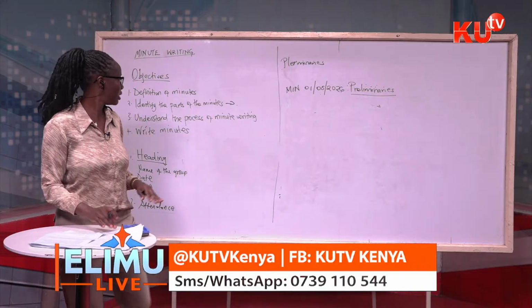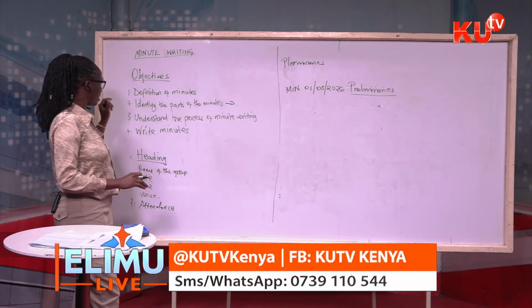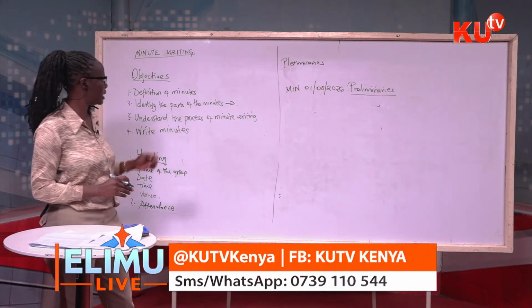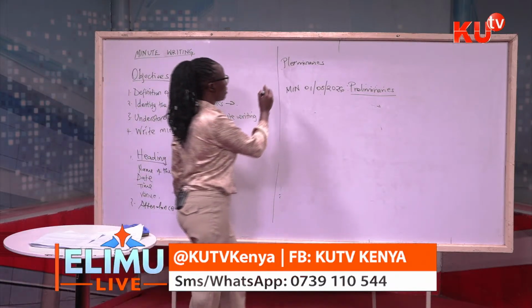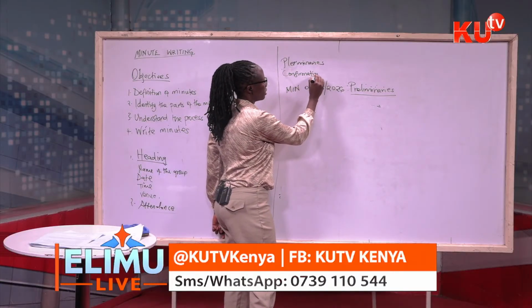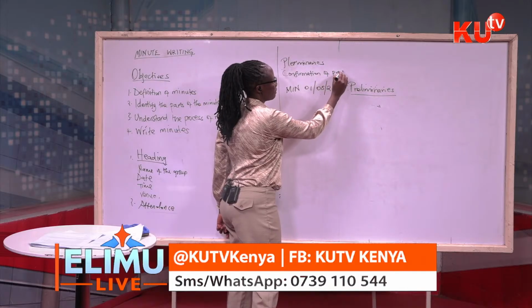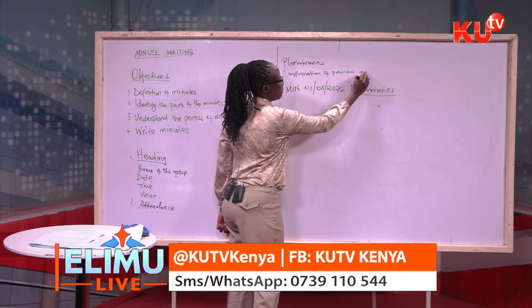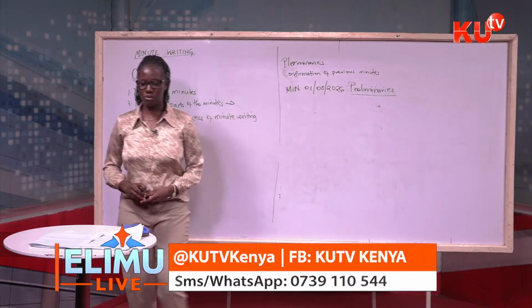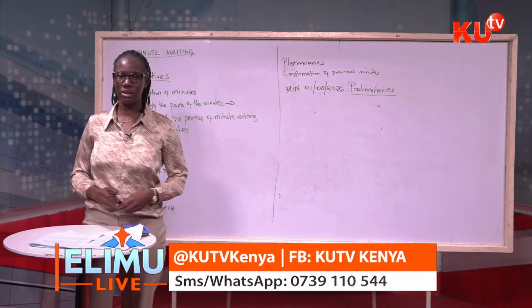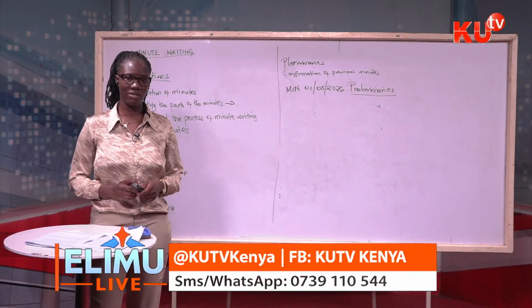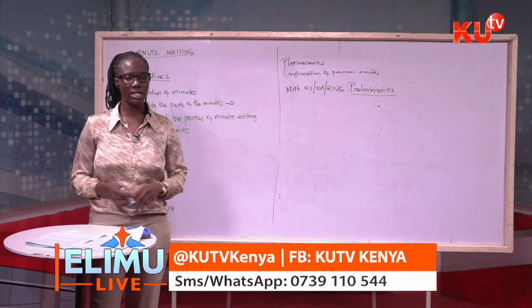So once you're done with the preliminaries, we go to the third part of minute writing, which is confirmation of previous minutes. So confirmation of previous minutes, like I said when we started, it can be the first meeting that you're having, or it can be a subsequent meeting.